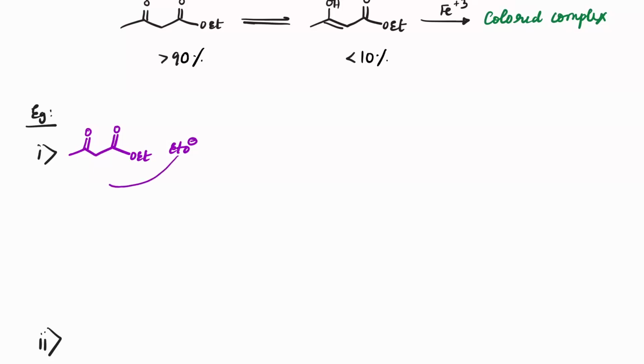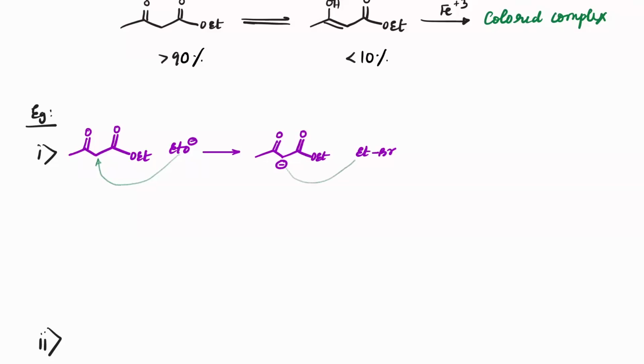In that case, you know that this is an active methylene group. So from an active methylene group, it will fetch H plus, and then we will get that minus charge on that position, and that minus will react with EtBr.